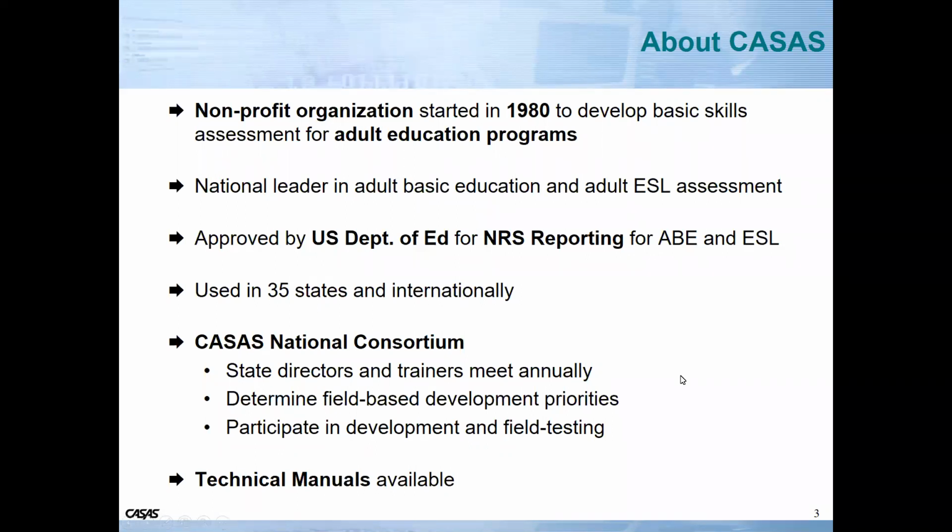We're used pretty much all over the country, but substantially in 35 states and also internationally. We do have something called a national consortium where we get input from state directors and trainers from all over the country. They help us figure out what the priorities are for our efforts. We, of course, have technical manuals available on request.